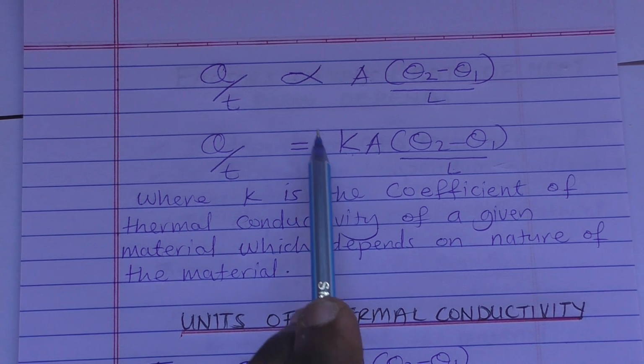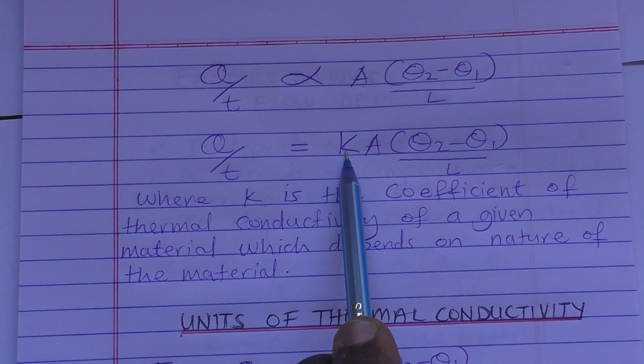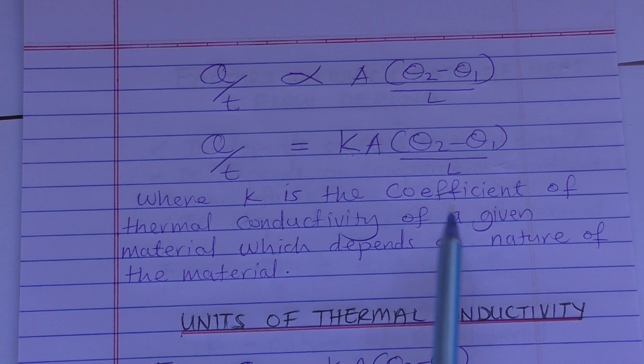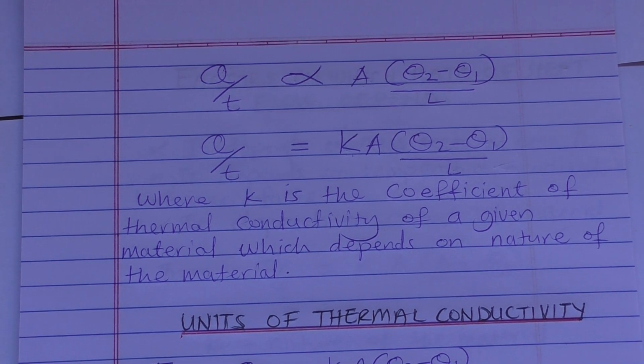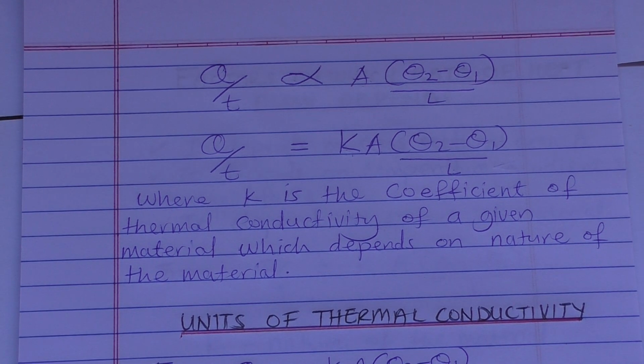So we have brought in the constant K, and K is what we call the coefficient of thermoconductivity. This is the origin of the coefficient of thermoconductivity, which depends on the nature of the material for a given conductor.